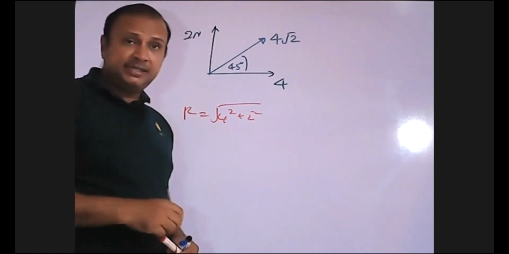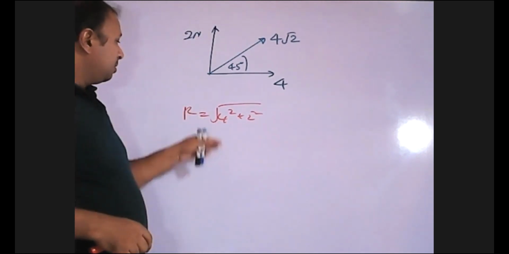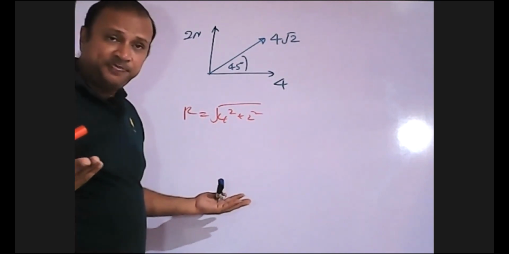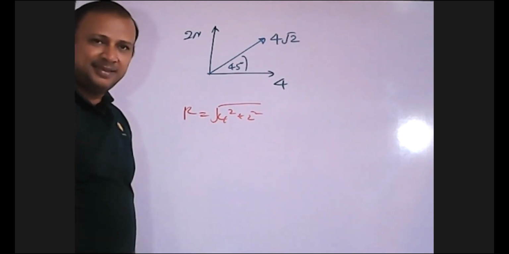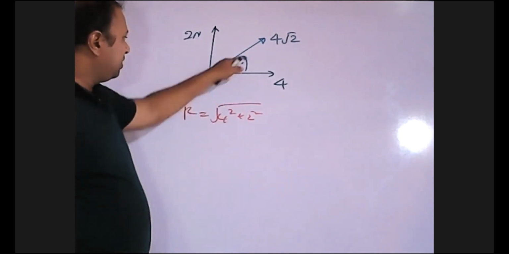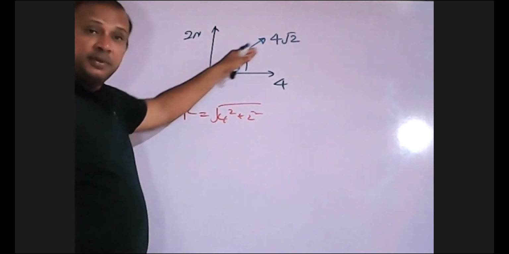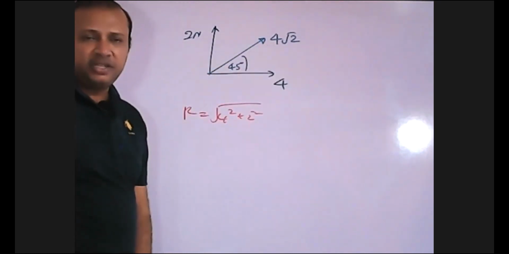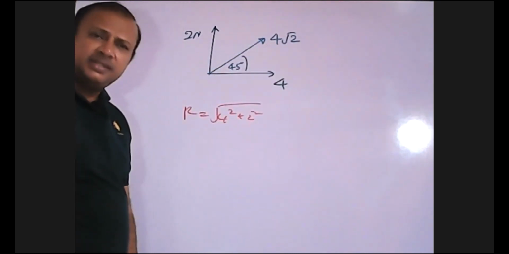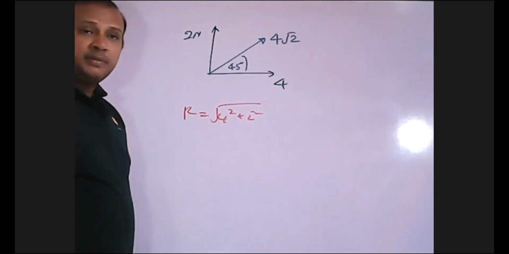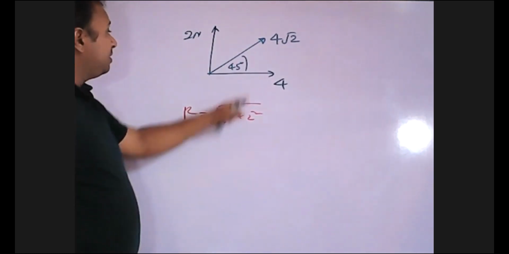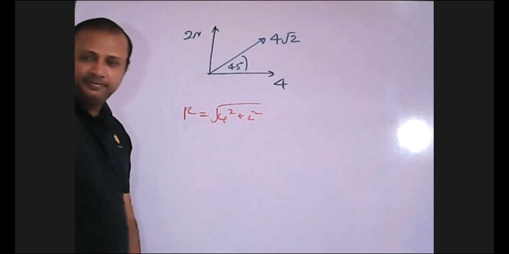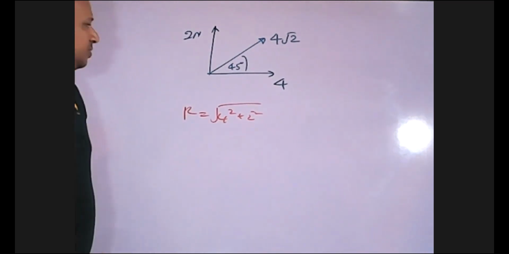But even if we get the magnitude, we don't know the direction. It is not collinear with the 4 into root 2 direction force. Therefore, finding the resultant of 4 and 2 won't be helpful.